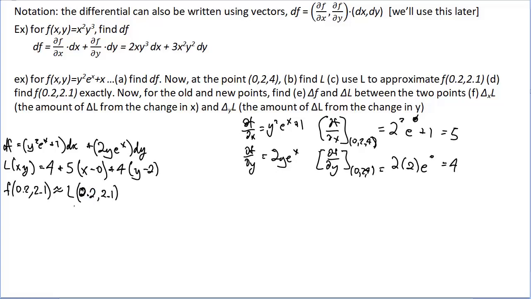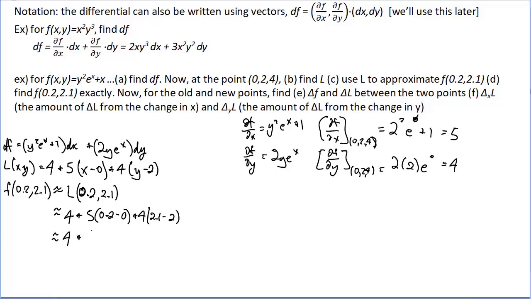Let's plug it in and see what we get. So we get 4 plus 5 times 0.2 minus 0 plus 4 times 2.1 minus 2.